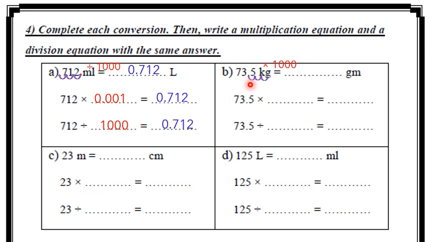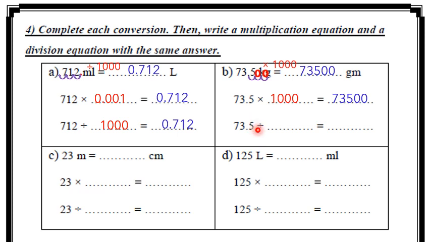Here 2 empty places, so I'm gonna put 2 zeros. So the answer is 73,500. Let's write here, he put for me times, so I'm gonna write times 1000 as I said now. So it will give me the same answer, 73,500.